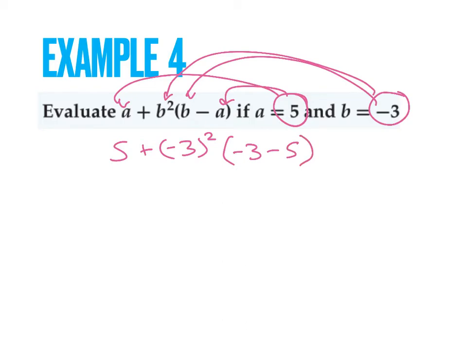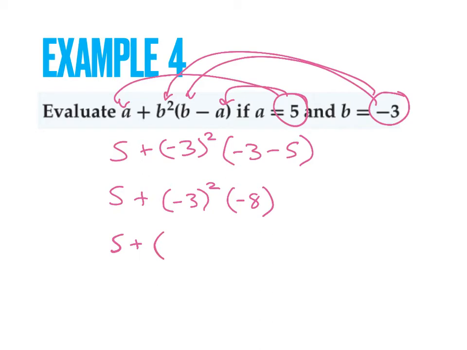Now what are we going to do first? Parentheses. So what's negative 3 minus 5? Negative 8. What do we do next? Exponent.